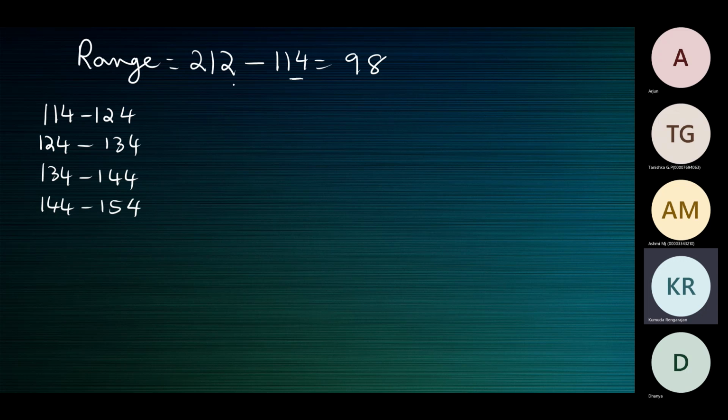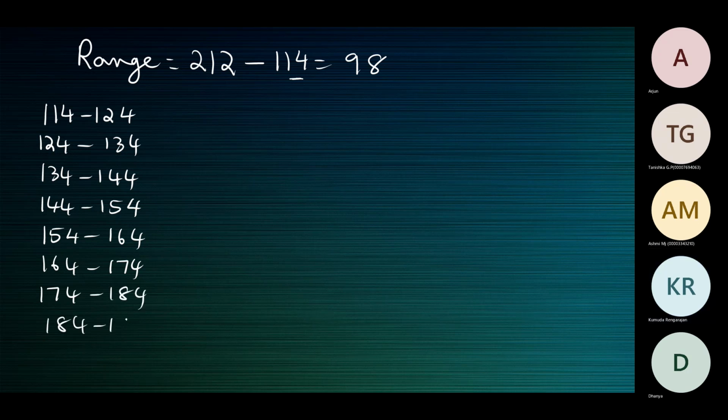Like this, we have to go on till we create a class interval to include the biggest value, 212. So 154 to 164, 164 to 174, 174 to 184, 184 to 194, 194 to 204, 204 to 214.